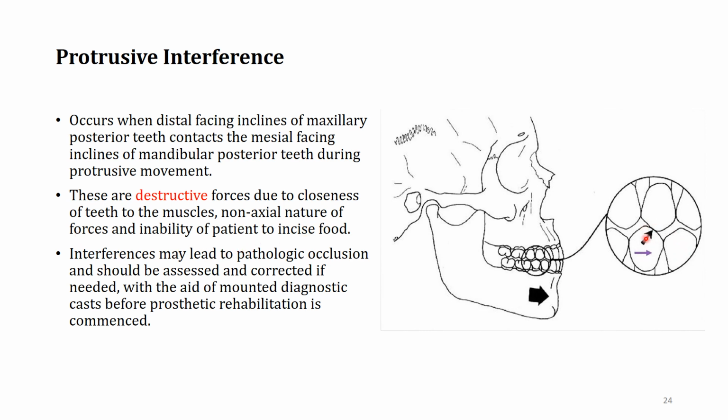When these forces contact tightly, they create problems in the tooth structure and the PDL structure in the protrusive movements. That is what the photo is showing. Again, it can be corrected, assessed with the aid of mounted diagnostic cast before prosthetic rehabilitation is started.